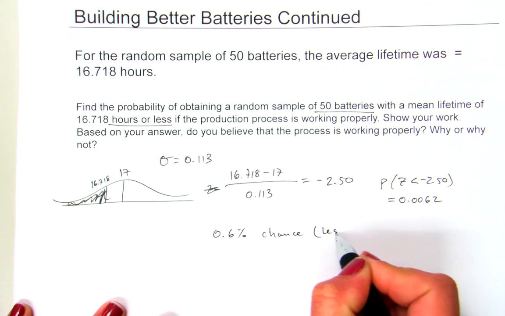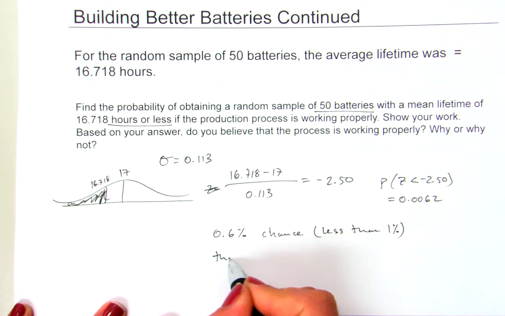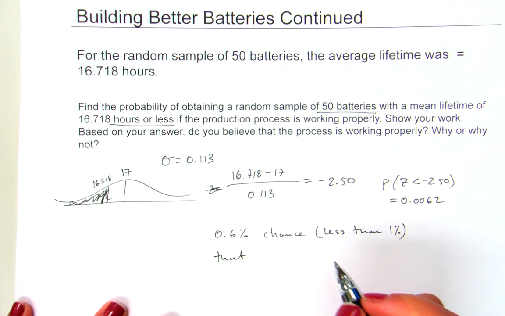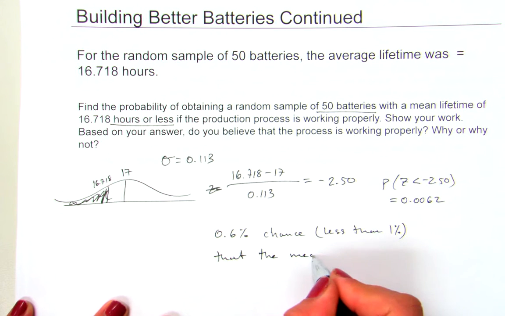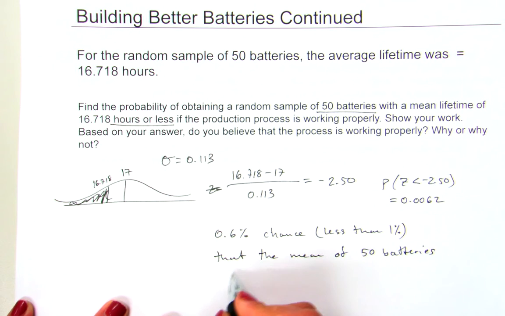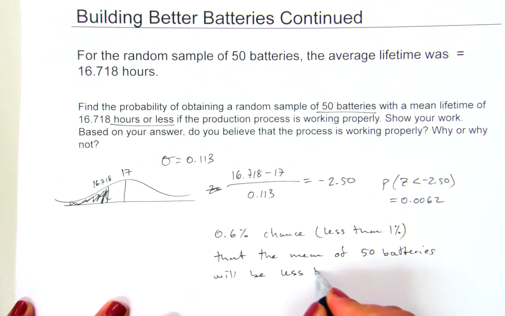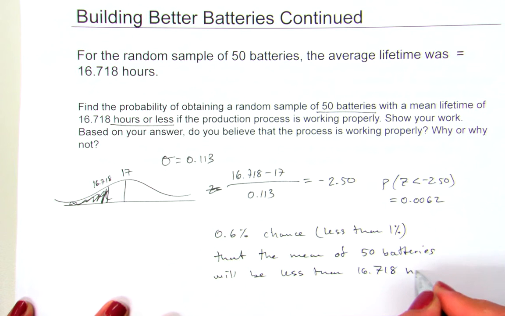So less than 1%, that, what is it, that the mean of 50 batteries will be less than 16.718 hours.